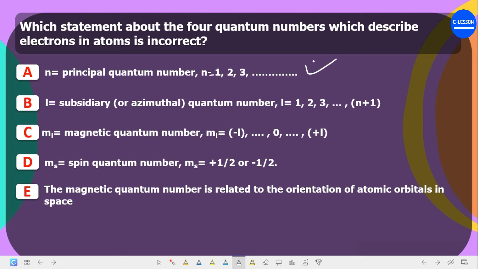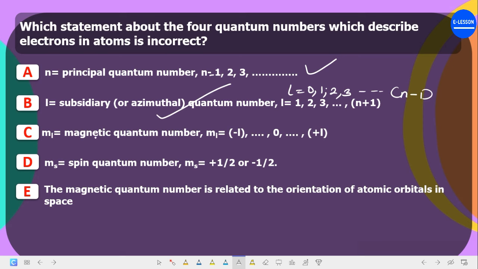Now you have L is the azimuthal quantum number. That is true. And L has values of 0, 1, 2, 3, down to n minus 1. So the correct answer to this question is option B, because you are looking for the one that is incorrect.